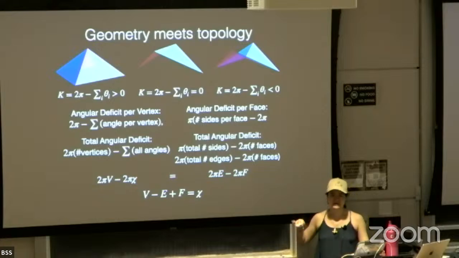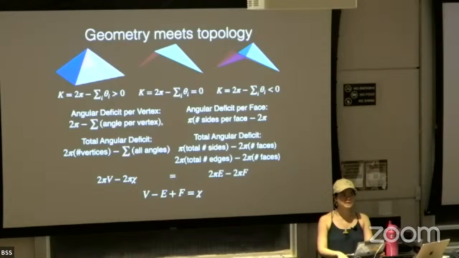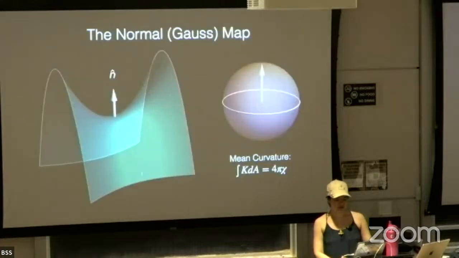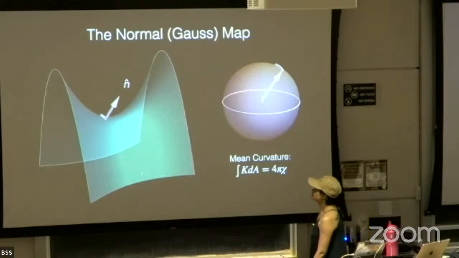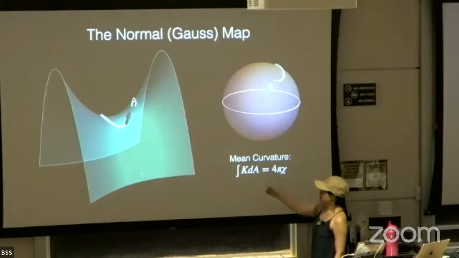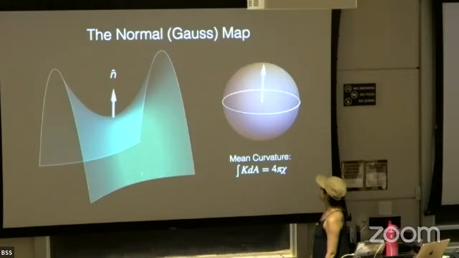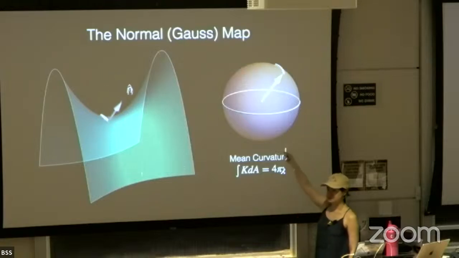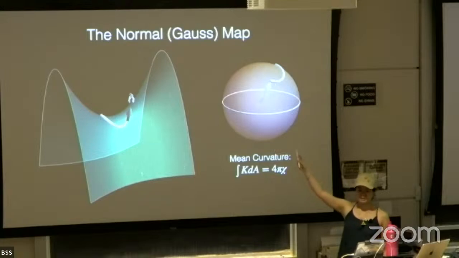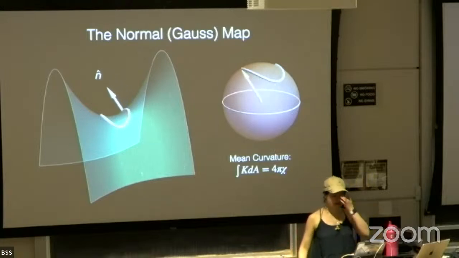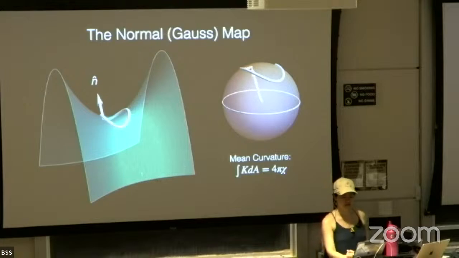So this is one way of taking this combinatorial information and getting topology out of it. We can also do this using the normal map that we defined yesterday. Here I've got a normal vector on my surface, and I'm tracing out some path on the unit sphere. So I can also integrate the Gaussian curvature.